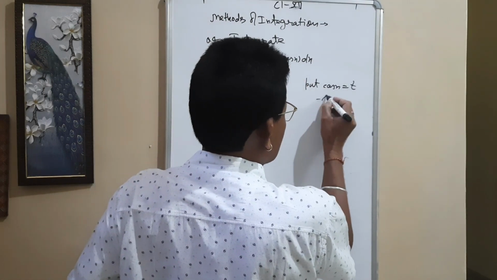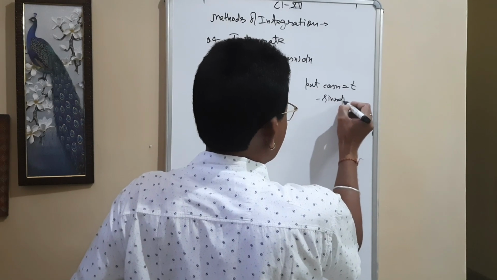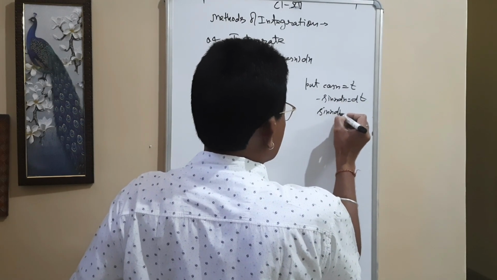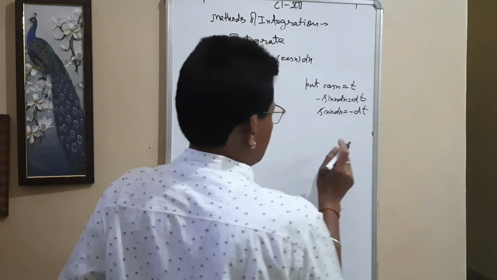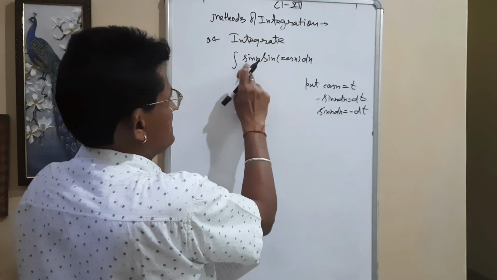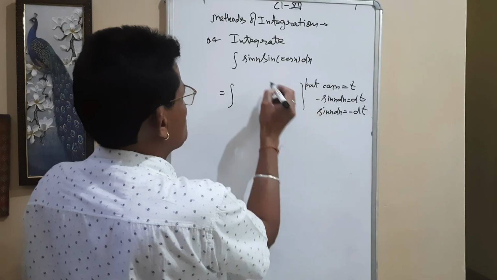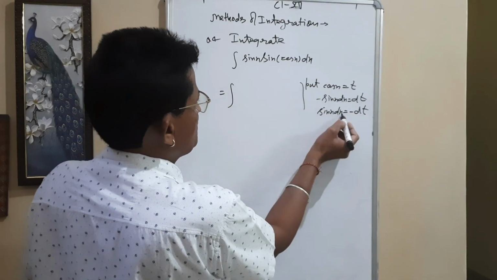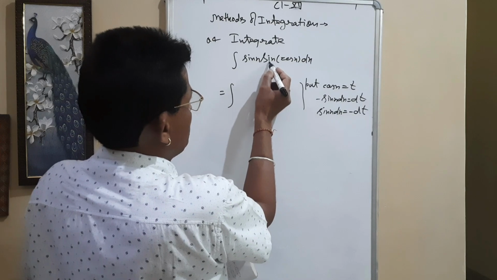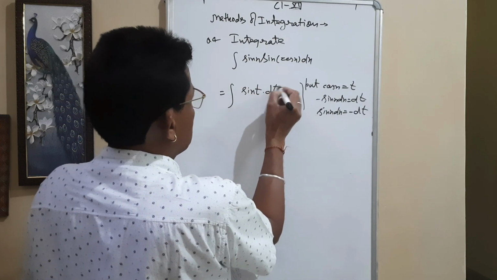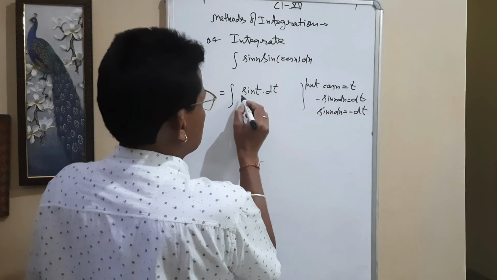Differentiate on both sides: minus sin x dx will be equal to dt. Sin x dx will be equal to minus dt. Sin x dx is given over here. My dear student, in place of sin x dx, that is minus dt, and sin t dt. In place of cos x, you put t.